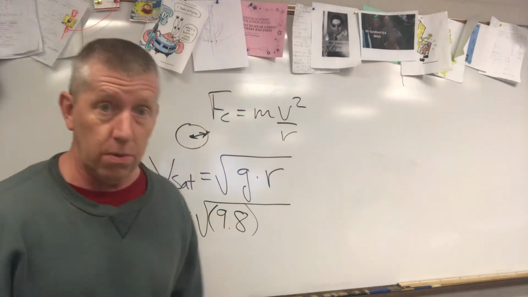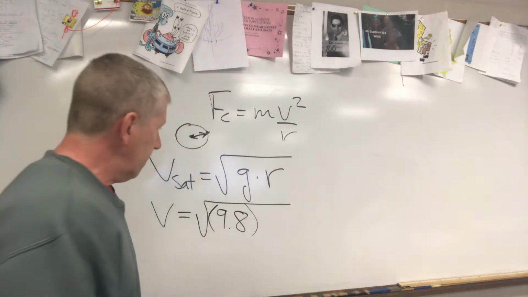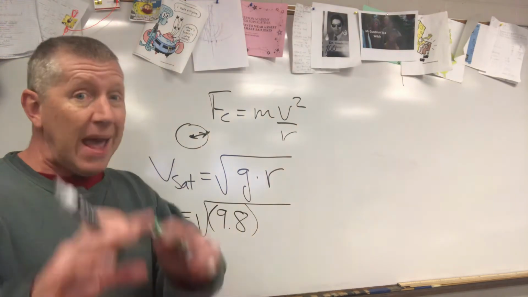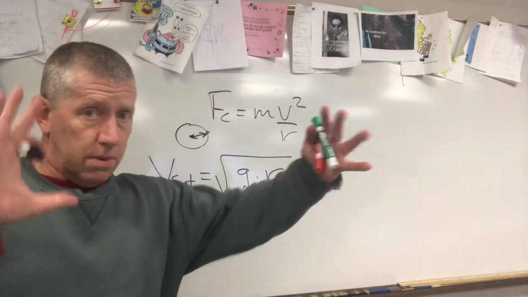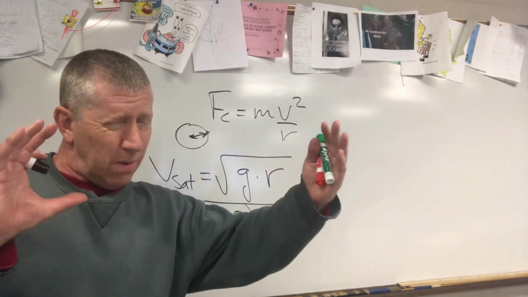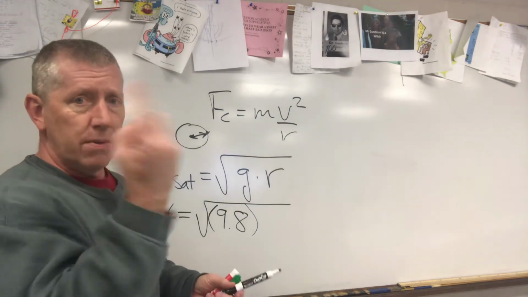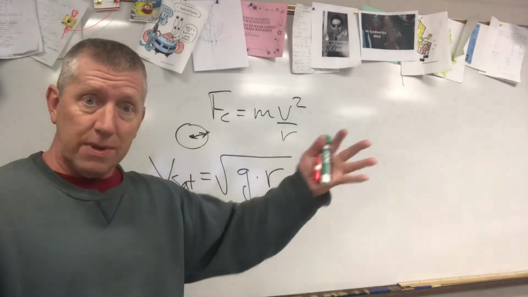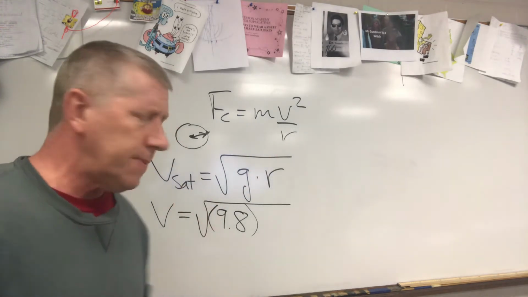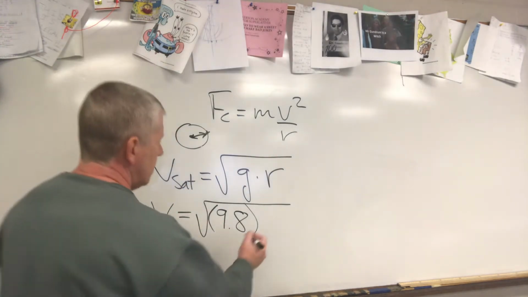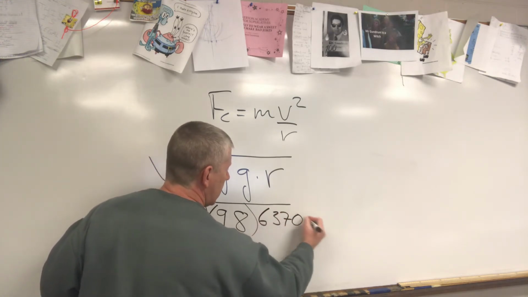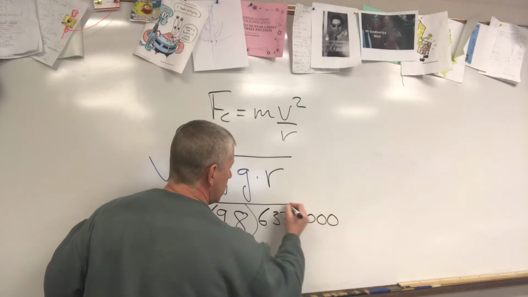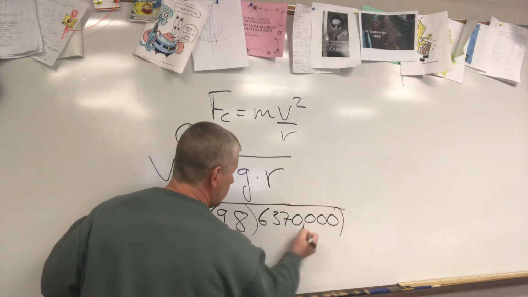Well, we all know that the Earth has a radius on average, because it does vary between the poles and the equator. The equator is a little bit wider. It's like a piece of pizza dough spinning around, it eventually gets wider. So the Earth is a little bit wider at the equator, but on average, it's 6,370,000 meters.